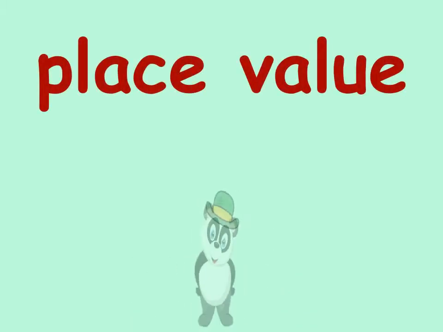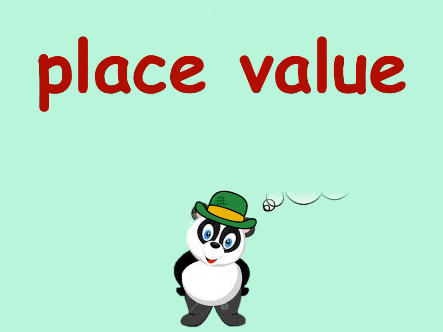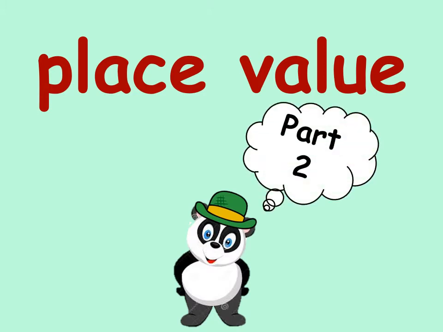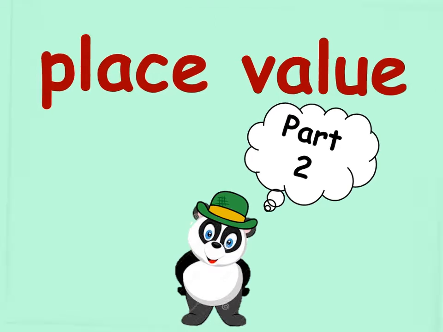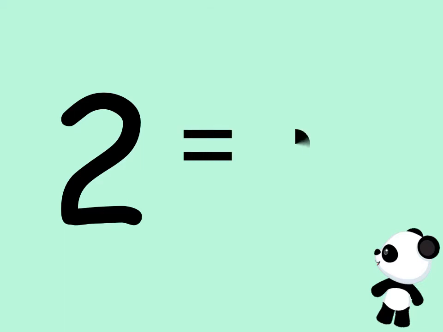And today we're going to talk about place value. This is part 2. We started this yesterday and we're going to do more today. Let's look at it. Remember when we showed what the value is of a number? Like there's the number 2. And the value we had was, we used 2 dots for that.